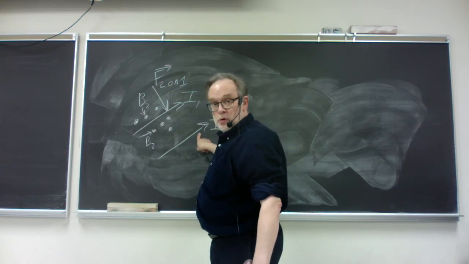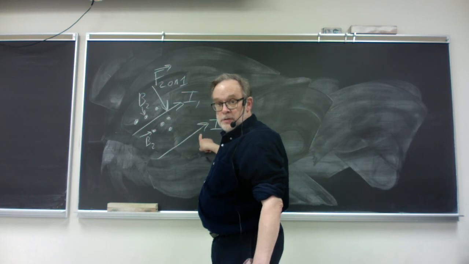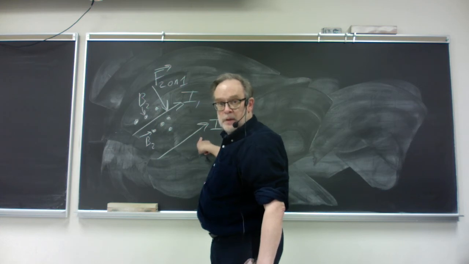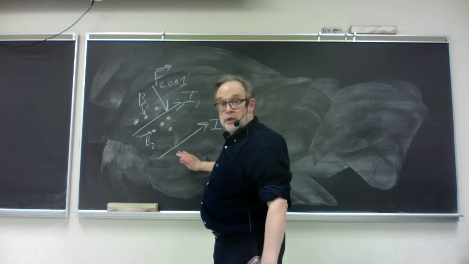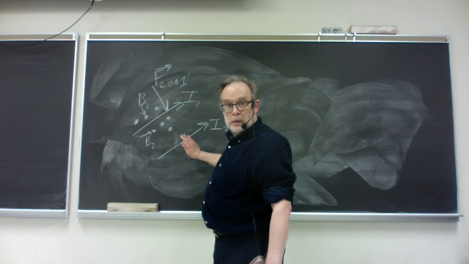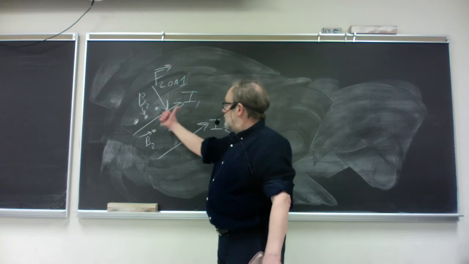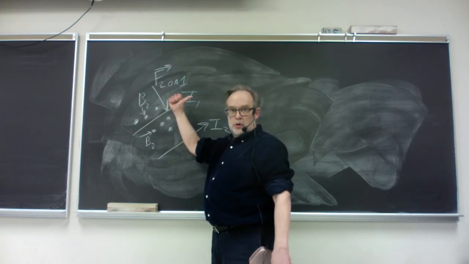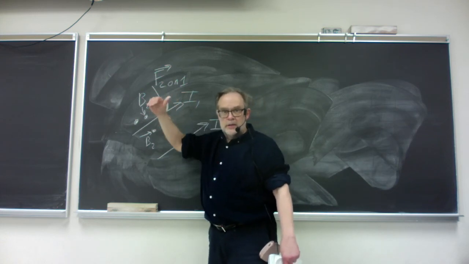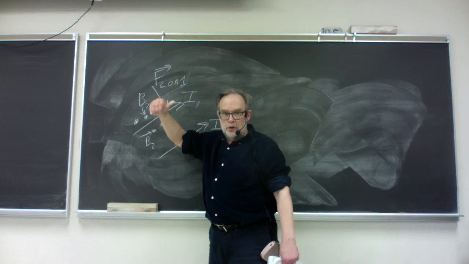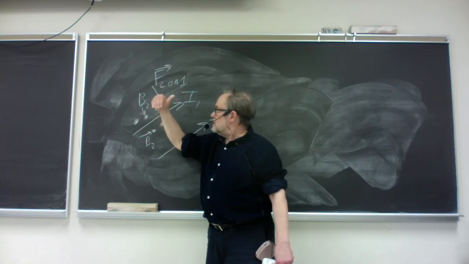This is going to feel a force from current 1 because it's going to feel a magnetic field that comes from current 1. So down here, where current 2 is, what's the magnetic field from current 1 like? Thumb in direction of current 1, and then our fingers curl in the same sense as the flow of the circular field lines.